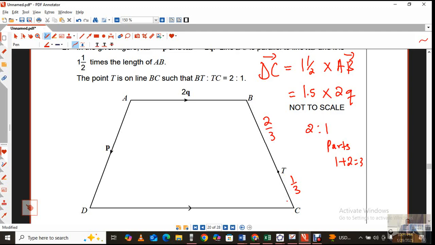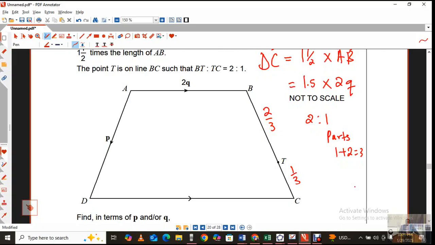So we can say that BT is equal to 2/3 of BC. Whatever BC is, BT will only be 2/3 of that.